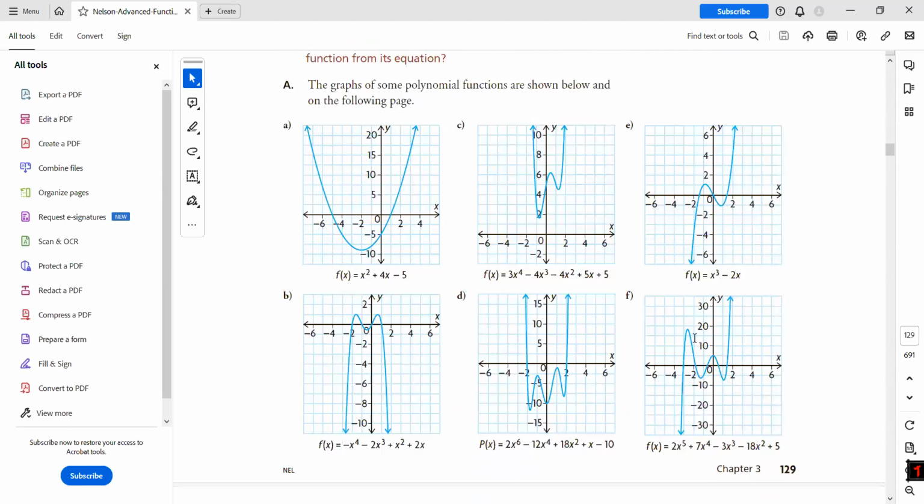So here we have a bunch of graphs, and you can see that all of them are polynomial functions. But all of them have a different number of terms in them. For example, here, in pictures C and B, both represent polynomial functions of fourth degree, right?